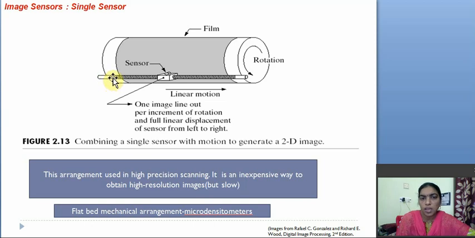Initially, if it is in this position, the placing by the mechanical arrangement may be within maybe 0.01 centimeters, 0.001 centimeters, like that. Just an example.